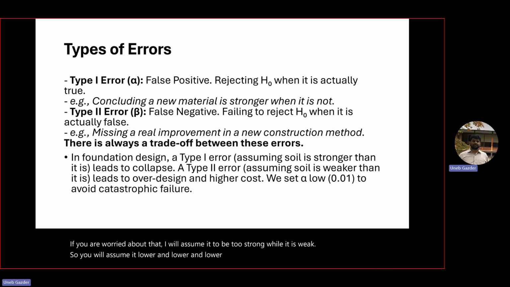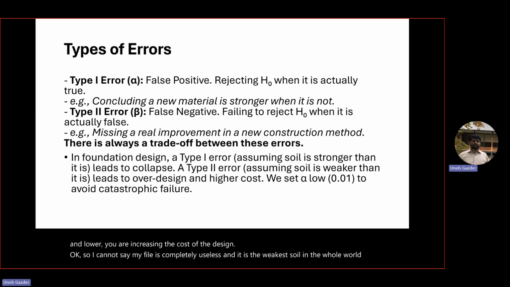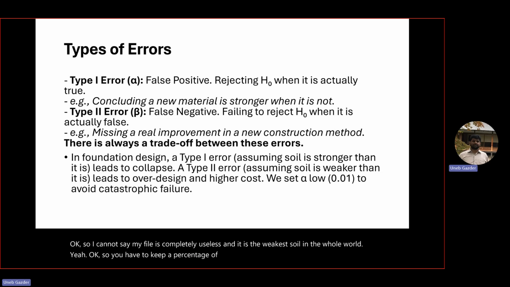But while you are making it lower and lower, you are increasing the cost of the design. So I cannot say my soil is completely useless and it is the weakest soil in the whole world. So you have to keep a percentage of both types of factors. So the point is you cannot make any of them zero.